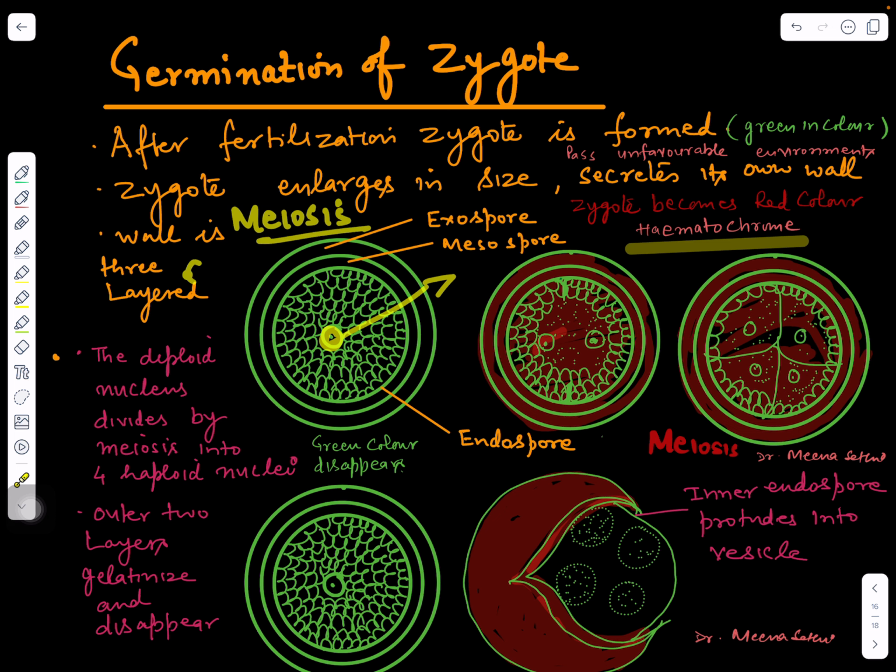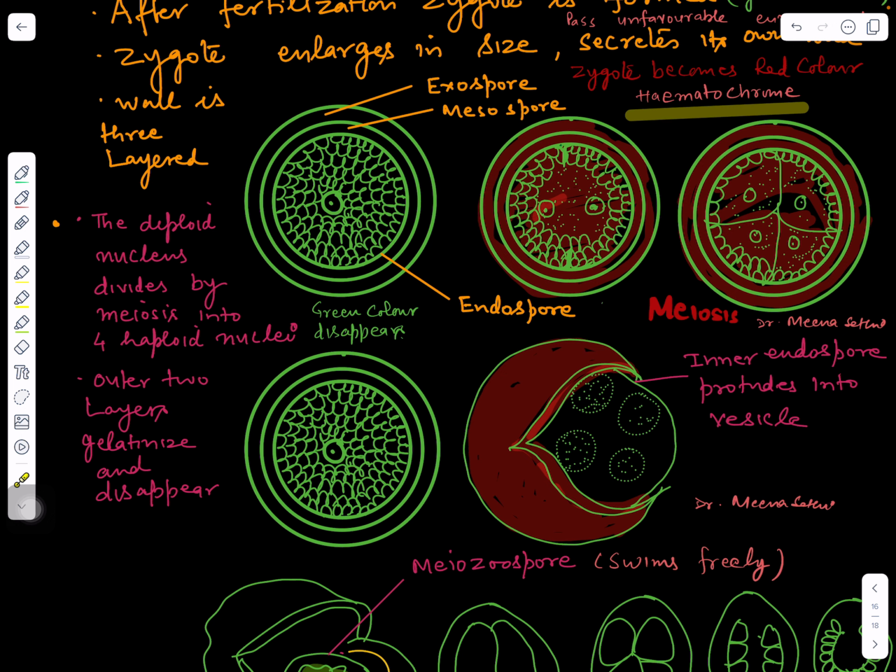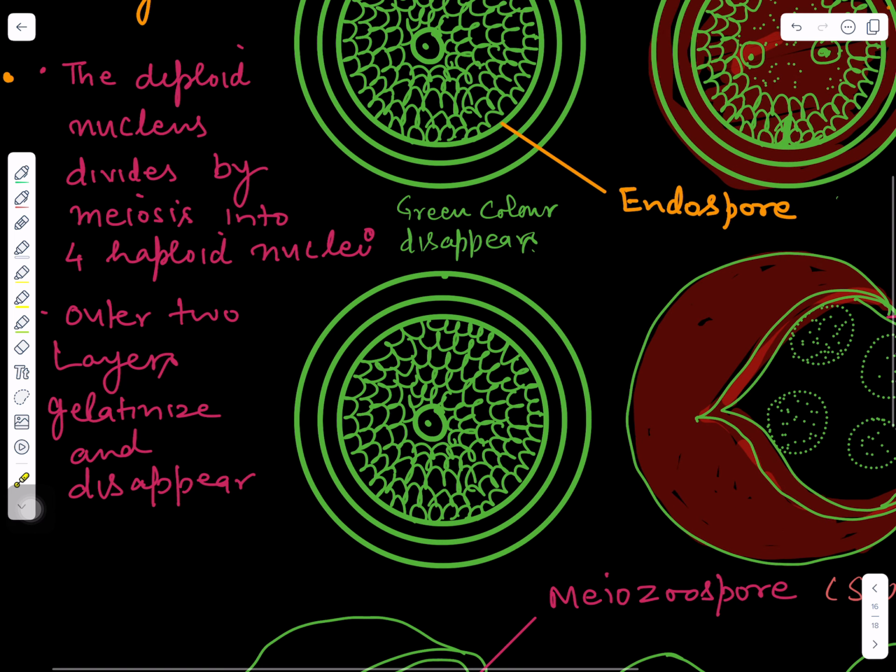Meiosis will convert this diploid nucleus into 4 nuclei, which will be haploid in genetic constitution. First 2 are produced, then 4. And when these 4 nuclei have been produced, the 2 outer layers, exospore and mesospore, will gelatinize or degenerate and disappear.